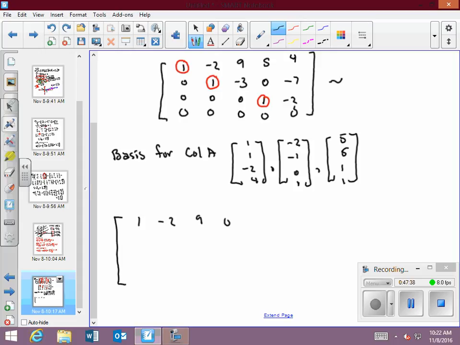Third row by minus 5 is like plus 10, so that makes that 14. And then it's 0, 1, minus 3, 0, minus 7, 0, 0, 1, and minus 2.